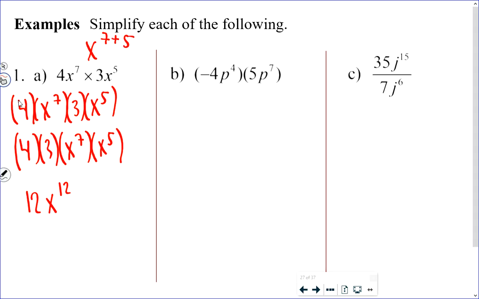So what have we learned in this example? This is the answer. I'm not going to give you an example that we're going to work through together unless we learn something from it.